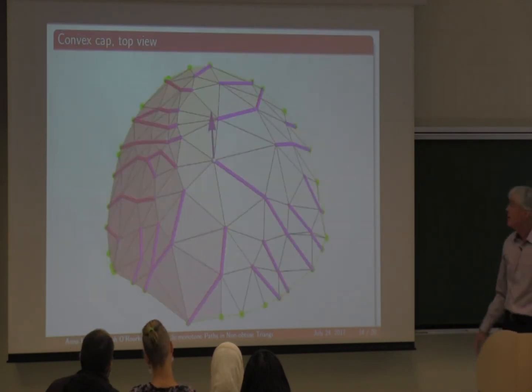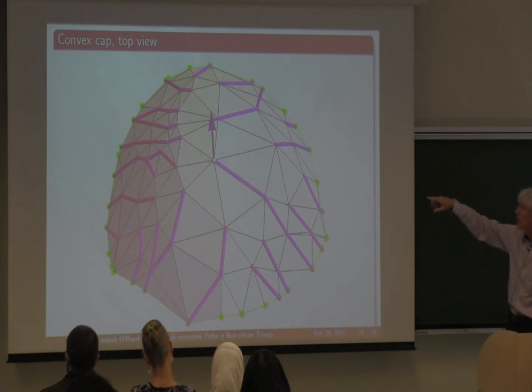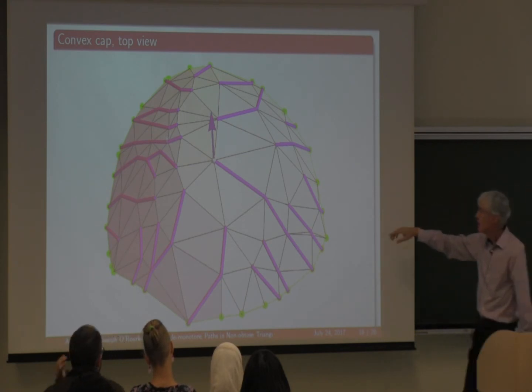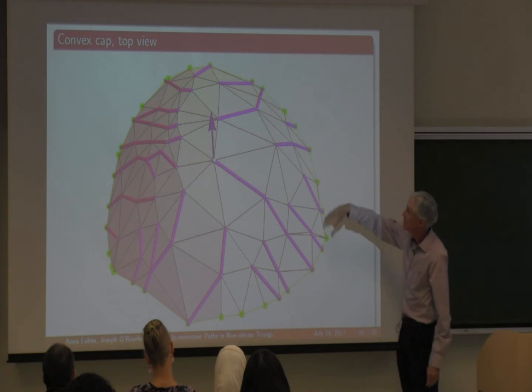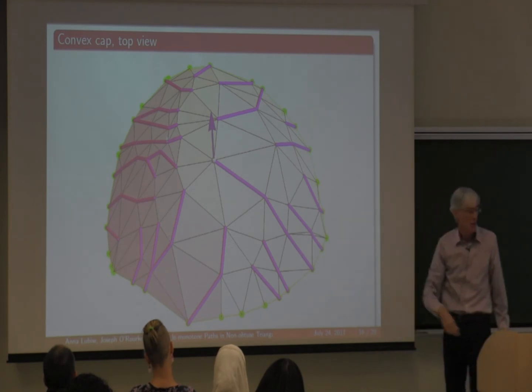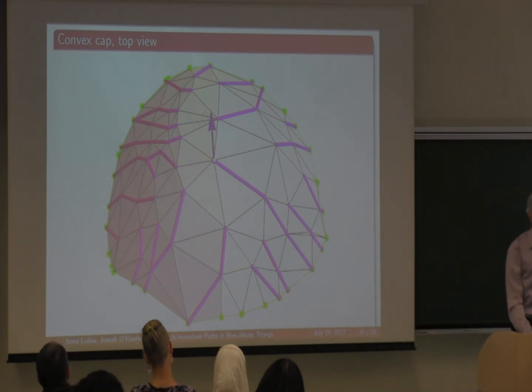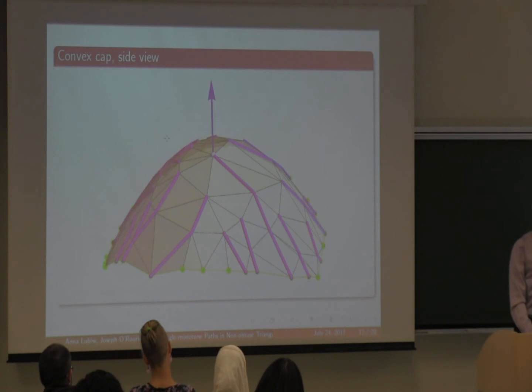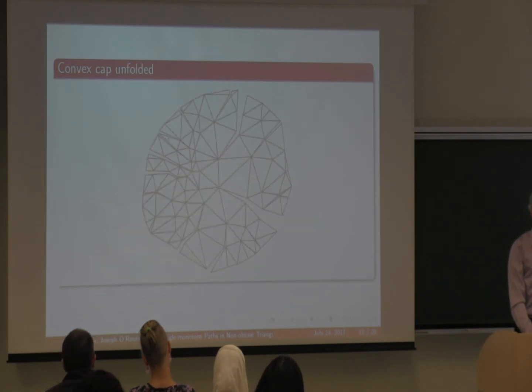So you can recognize this as a boundary rooted forest spanning this. And now you just cut all of these lines, and it unfolds to a simple polygon in the plane. Here's another view of it. And then here is its unfolding.